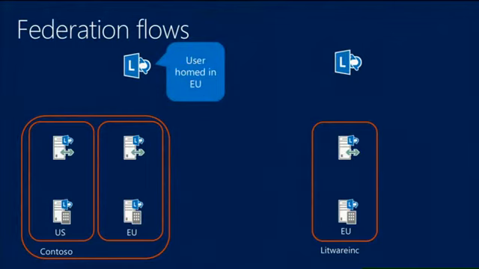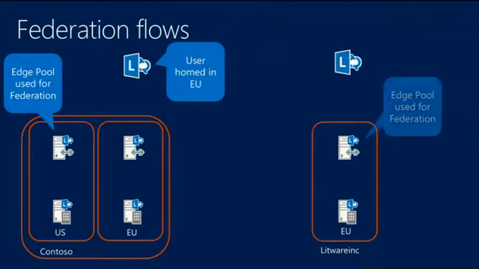So this Contoso user is homed in Europe, and the edge pool used for federation is actually in the US. The edge pool used for federation in Litware Inc., well, not a lot of choice, it's here in Europe. So when my user signs in and tries to send a zip message to this other user, because I sign in against the Europe edge server, it sends it to my home pool, to the next hop.